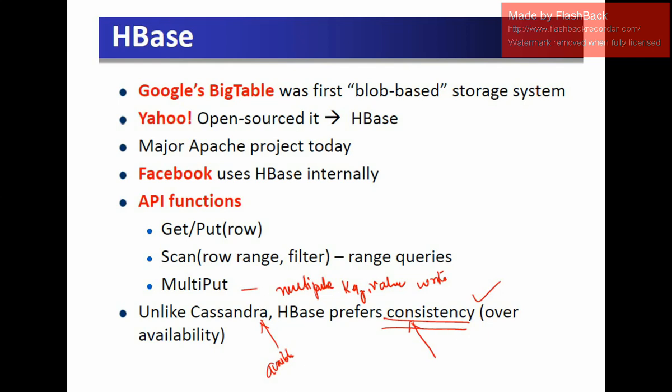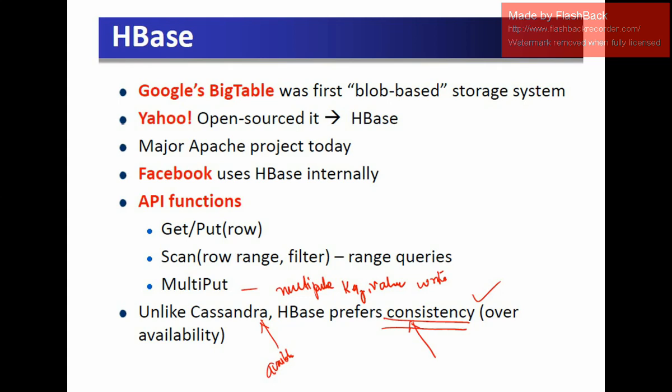It has some API functions like get and put, which work on rows, scan for row range filters for range queries, and multiput, where we can store or get multiple rows on the basis of key value architecture.